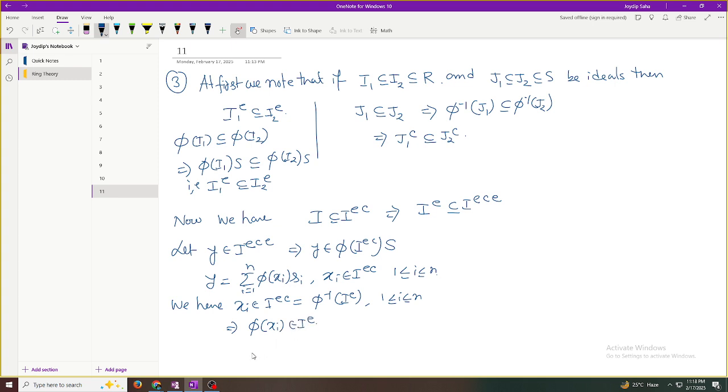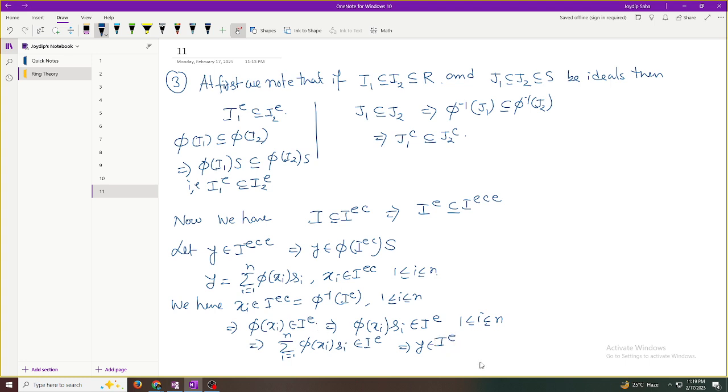So phi xi si belongs to I extension. This implies the summation, same process, belongs to I extension. This implies y belongs to I extension.